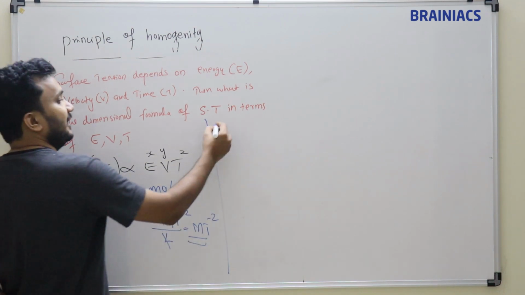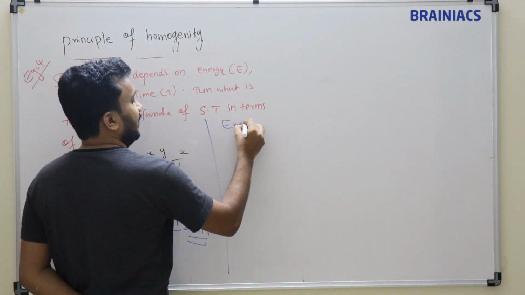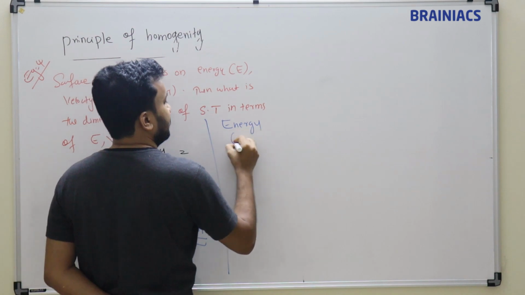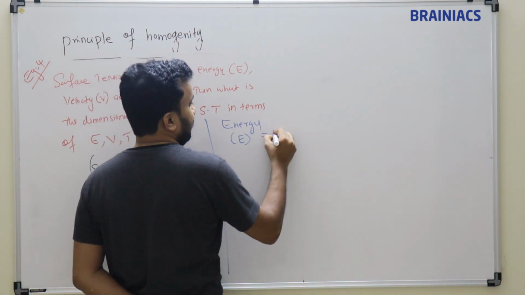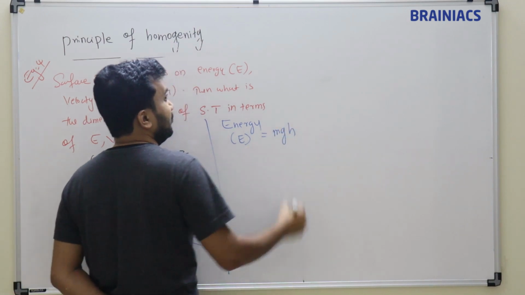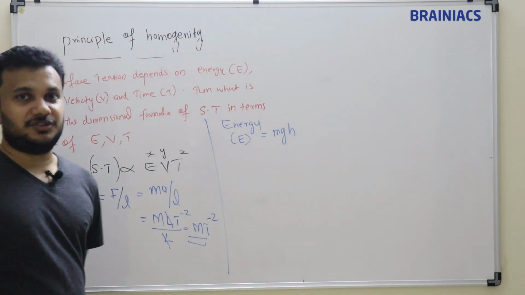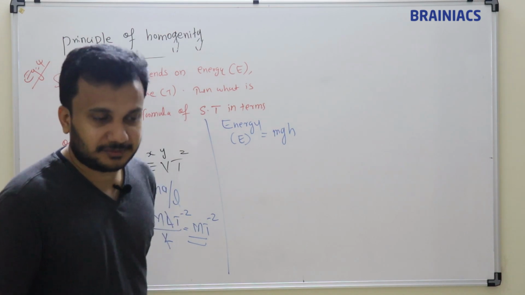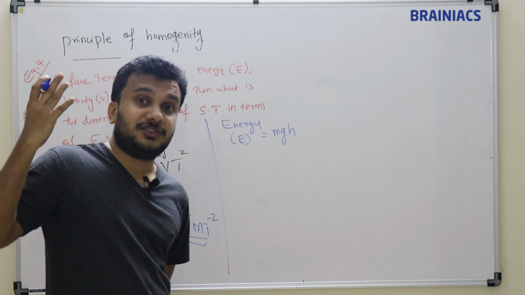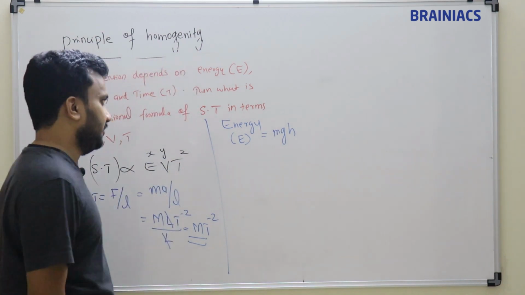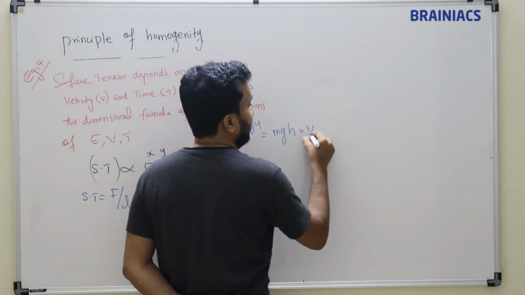Dimension formula of energy. What types of energies do we know? Potential energy mgh, kinetic energy half mv square, or energy is equal to force into displacement. You can take any energy equation.